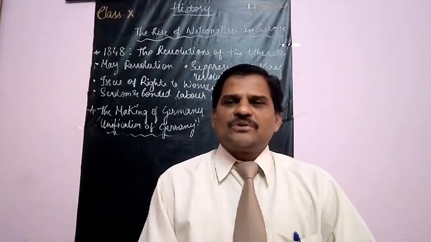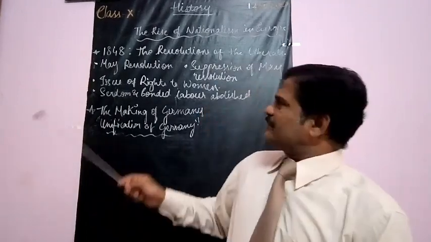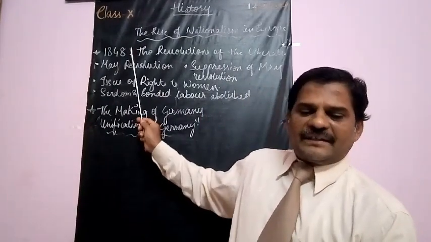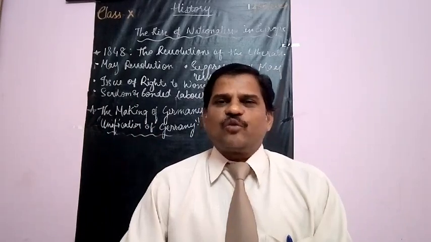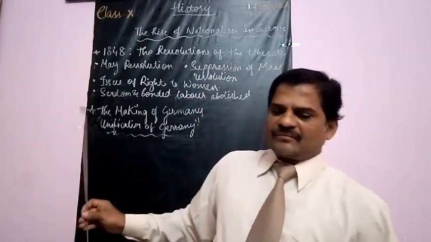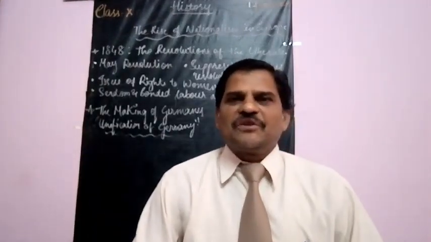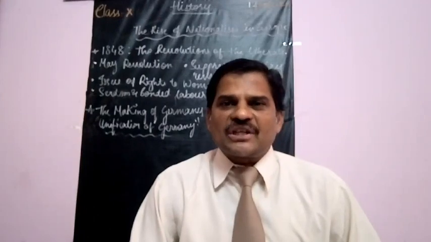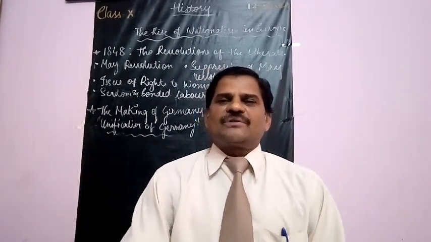In this video, today we are going to cover two important topics. They are 1848, the Revolution of the Liberals, and second one, the making of Germany, in which we will read about the unification of Germany. So very important topic, students.